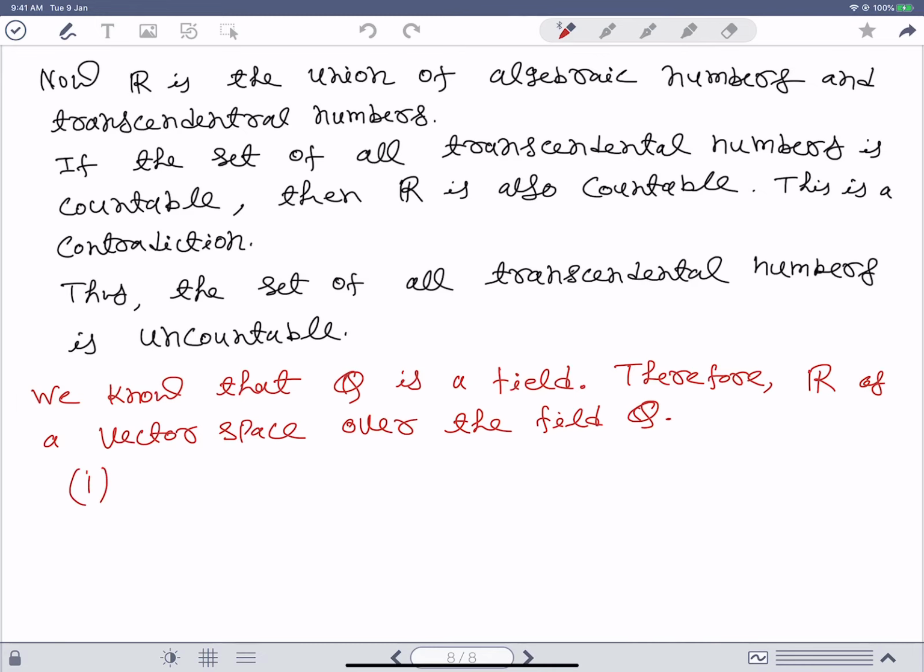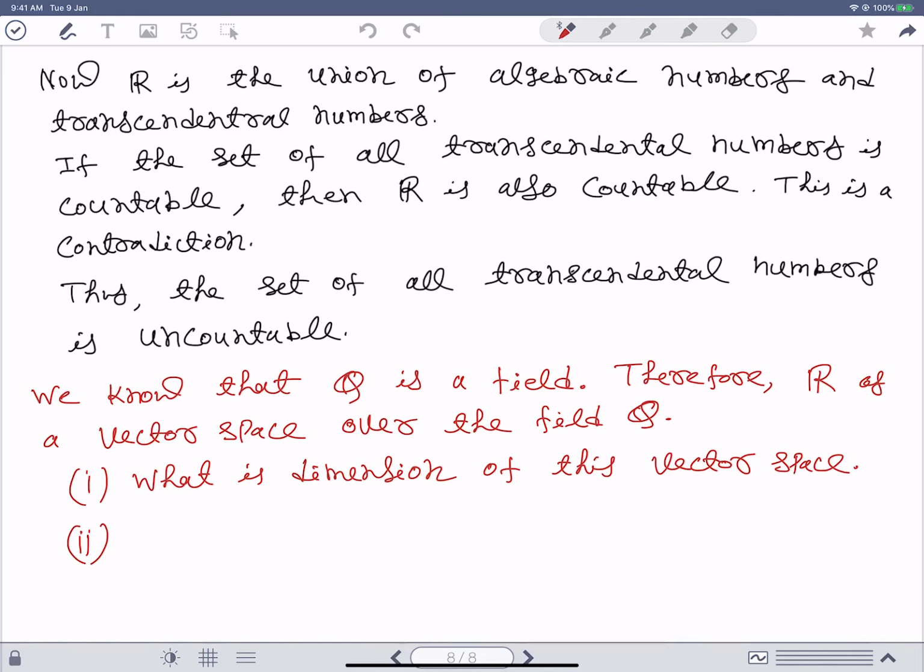First, what is the dimension of this vector space, the vector space R over the field Q? And the second question is, what is the cardinality of the basis?